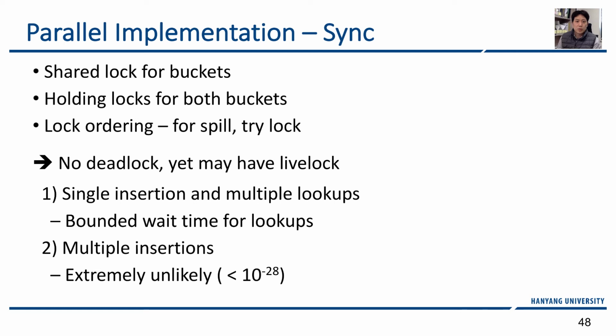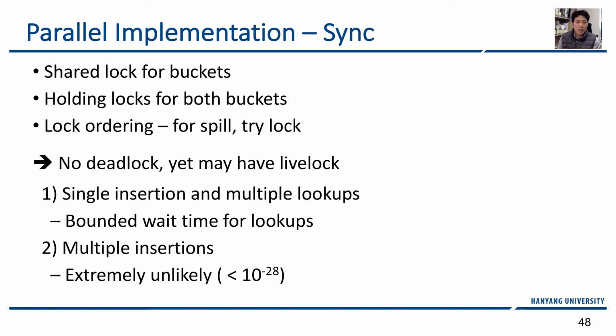Although this scheme ensures deadlock never occurs, live lock may occur. First between an insertion and multiple lookups, and second between multiple insertions. For the first one, we make the locks for lookups have bounded wait time and retry acquiring the locks.